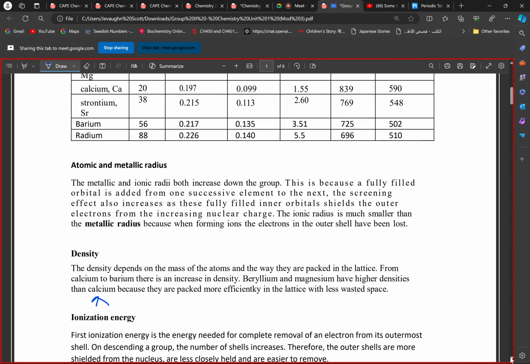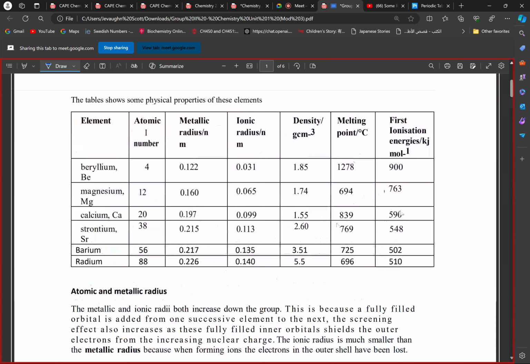There's less energy needed to break the metallic bond in magnesium, and therefore the lower melting point must be attributed to it. So this would have a lower melting point than calcium. Why is that? Magnesium atoms are loosely packed compared to calcium.